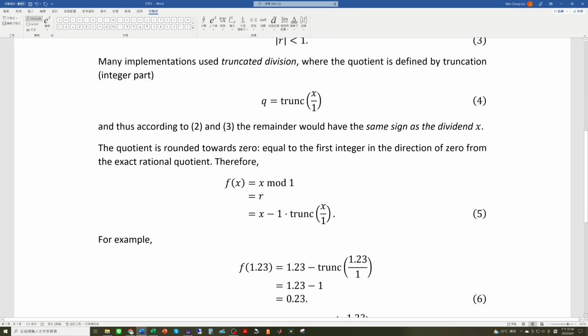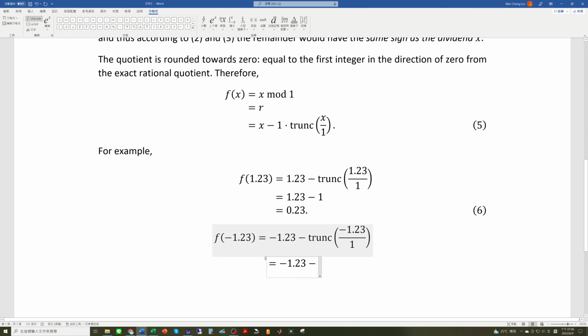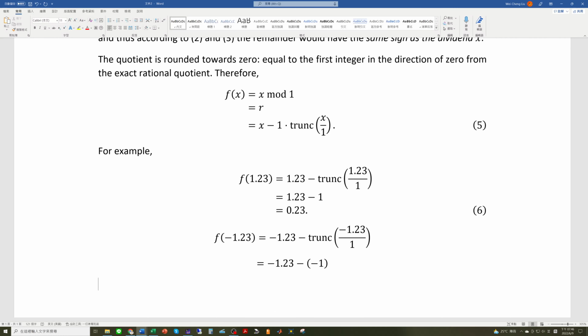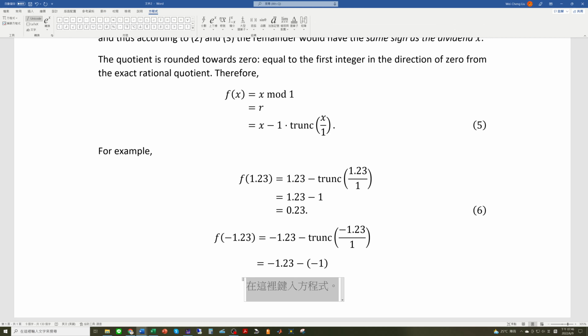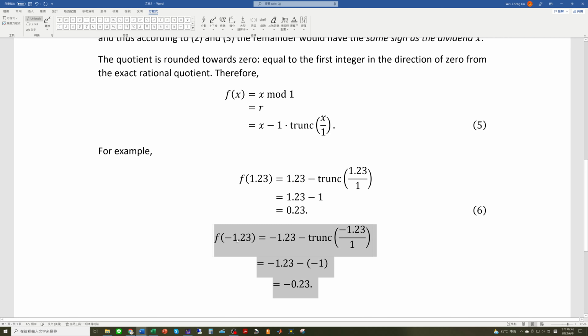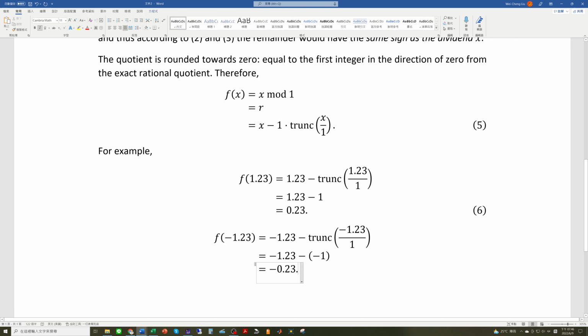So trunc of negative 1.23 should be negative 1. So it is equal to negative 0.23. So this is equation 7.